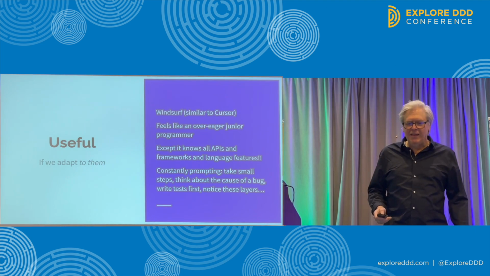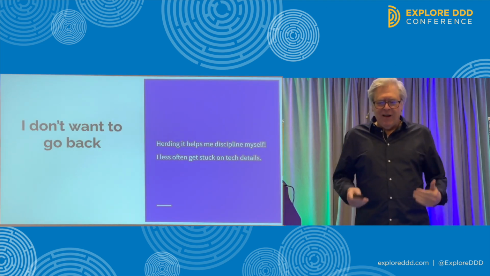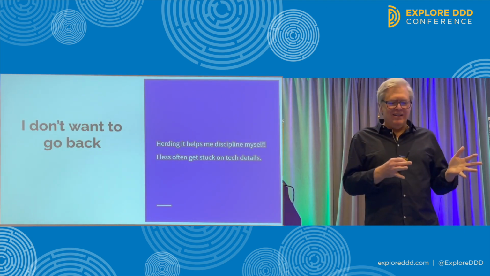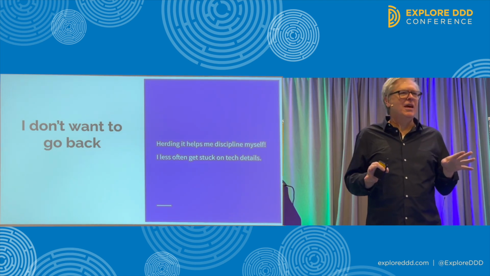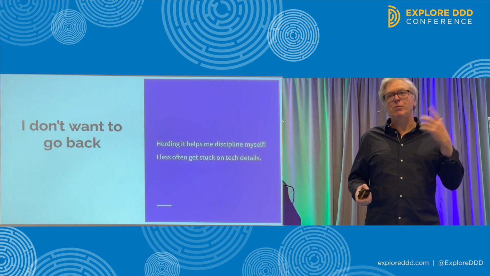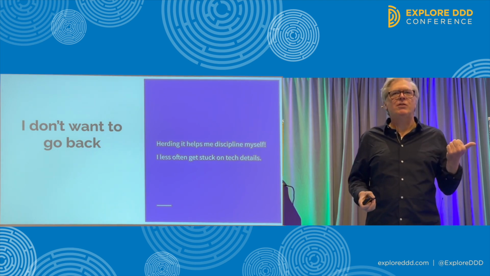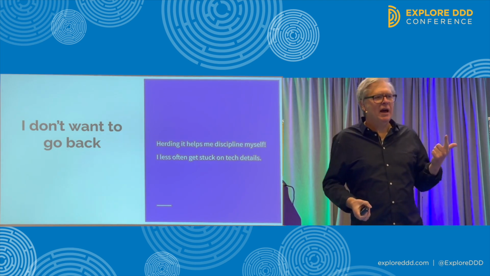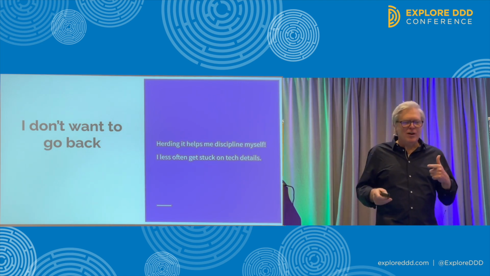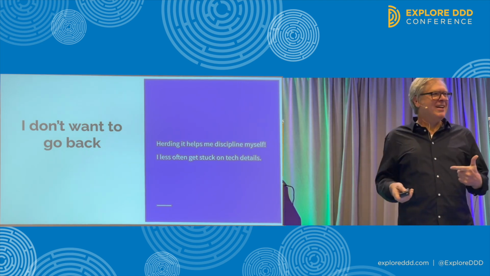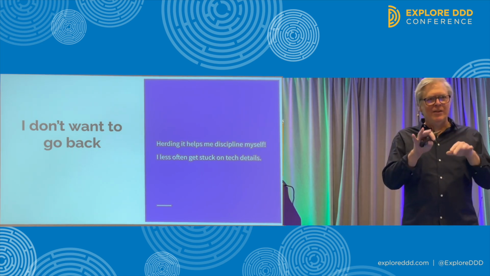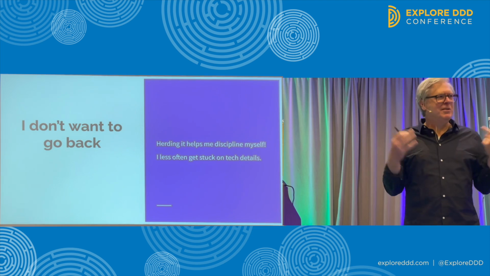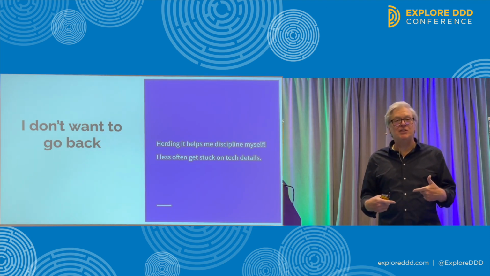And the thing is, I find that constantly herding it, I don't want to go back to writing my own code, I'll tell you, for various reasons. The big one probably is that it knows all the frameworks and APIs, but another one is, I think I actually produce nicer code this way because while I am trying to herd that thing, I'm disciplining myself better than I usually do.